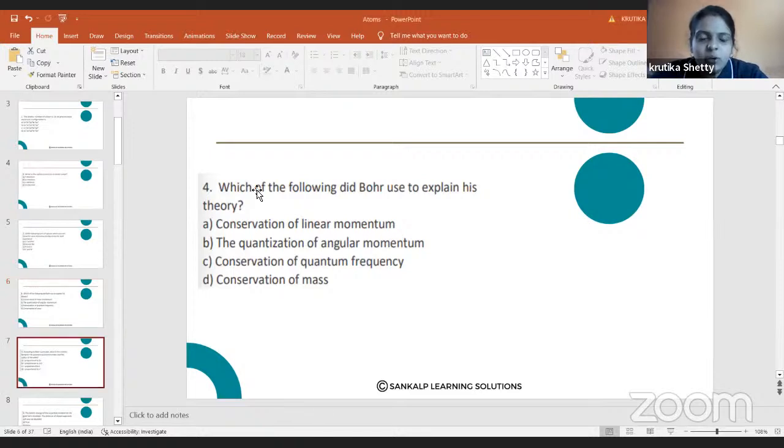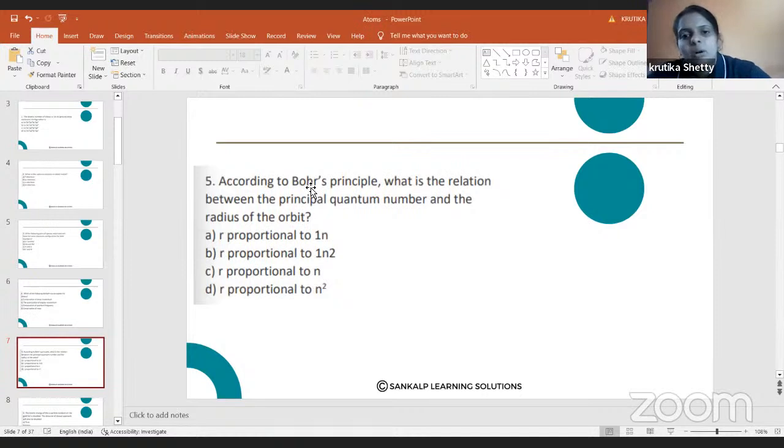Then the next question. According to Bohr's principle, what is the relation between the principal quantum number and the radius of the orbit?